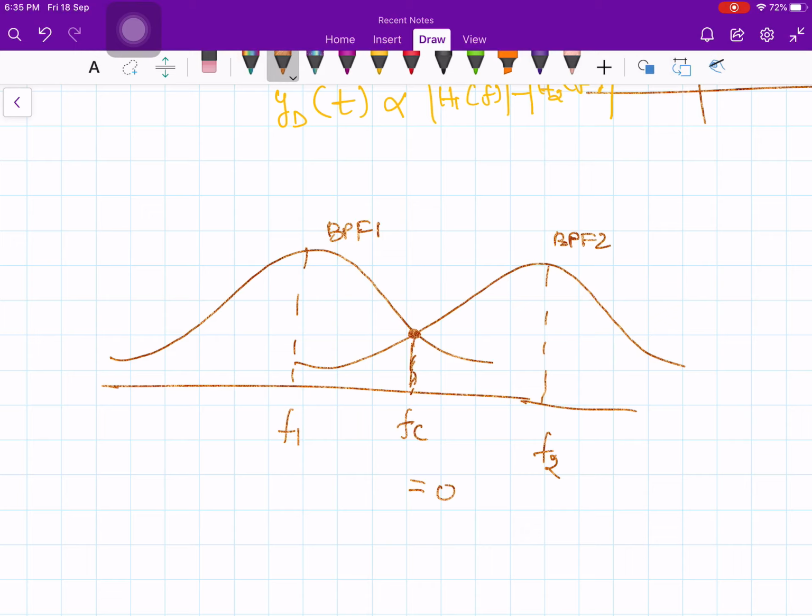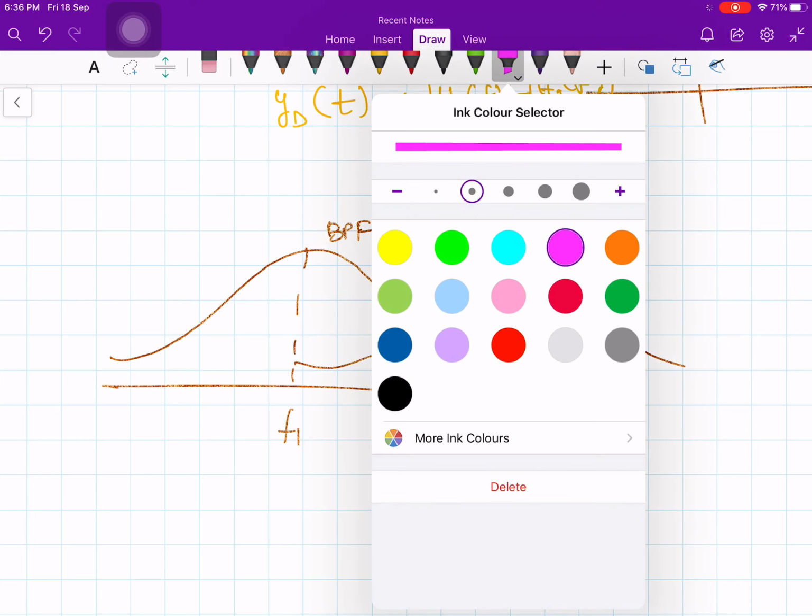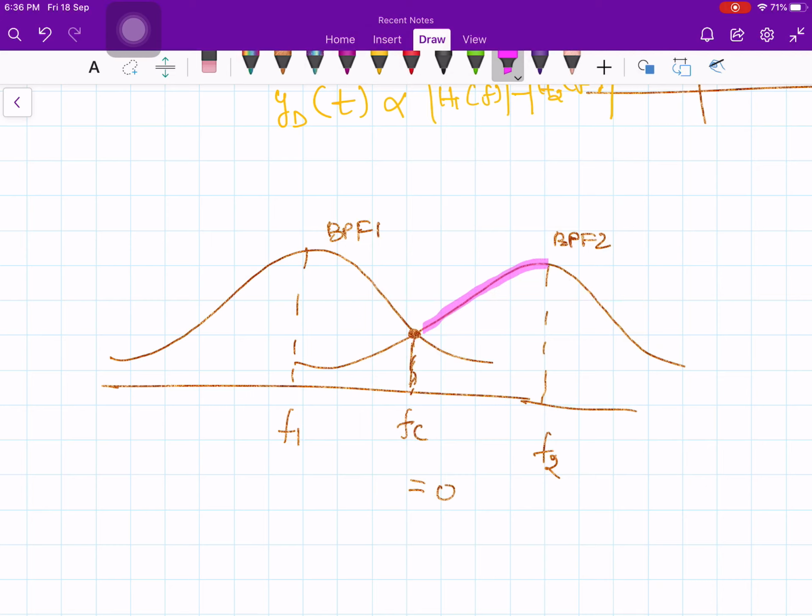When I say balanced discriminator, what do I mean? The carrier is balanced out, and therefore the final output due to the carrier frequency itself is 0. I have two circuits, band pass filter 1 and band pass filter 2, which have identical response at the carrier frequency. In this portion the response is different, and here this response is different.